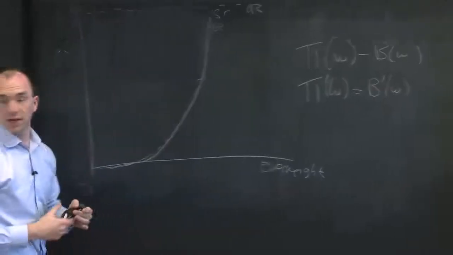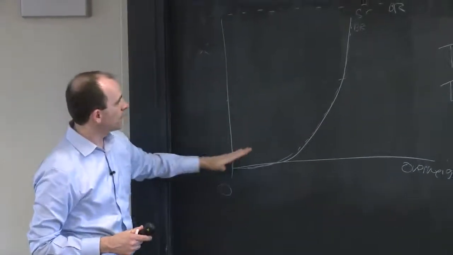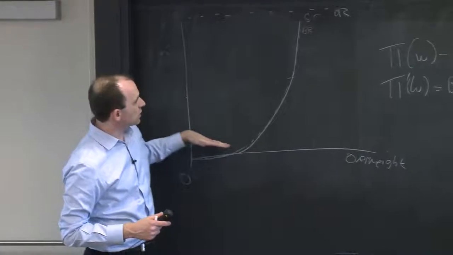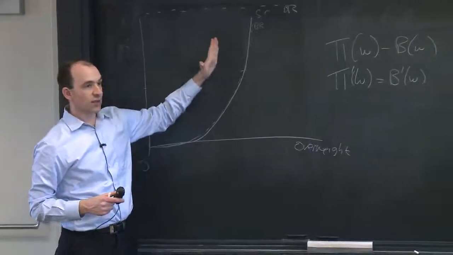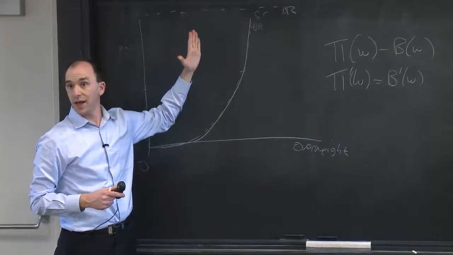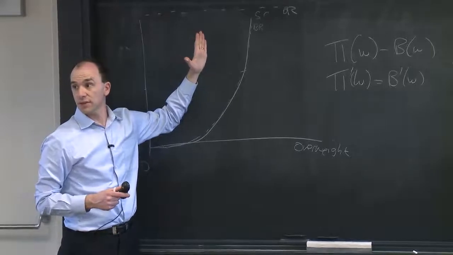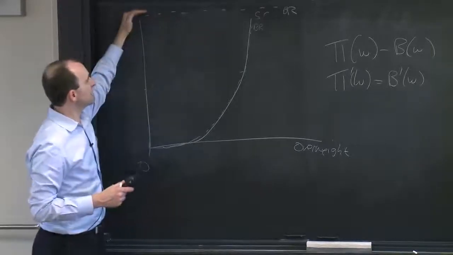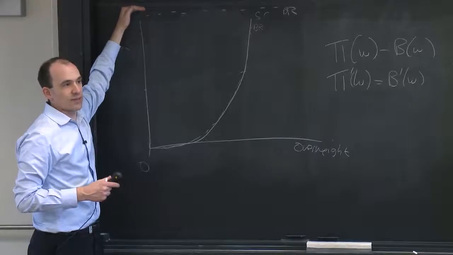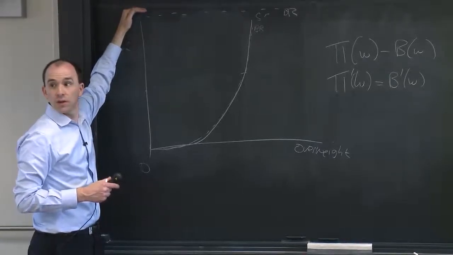So in this case, because this thing is convex, there's a very high and increasing marginal cost from the bribes. In this case, the level cost of the bribes is high, but the derivative is very small.